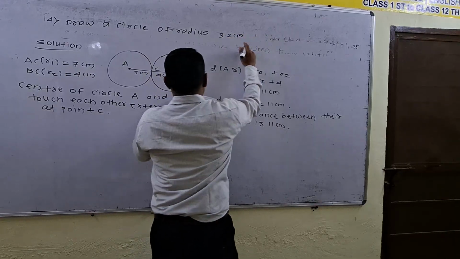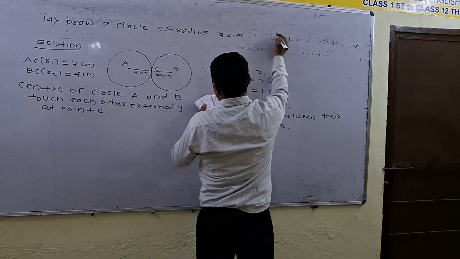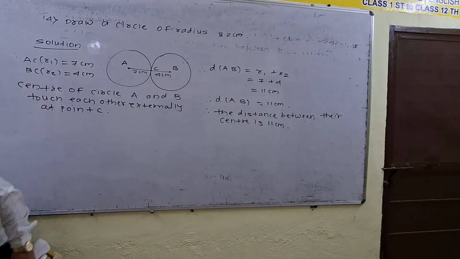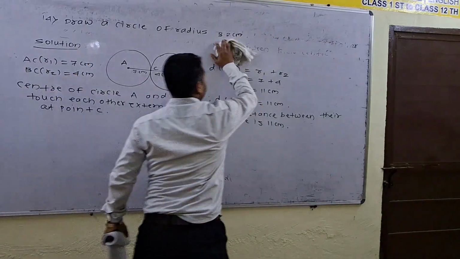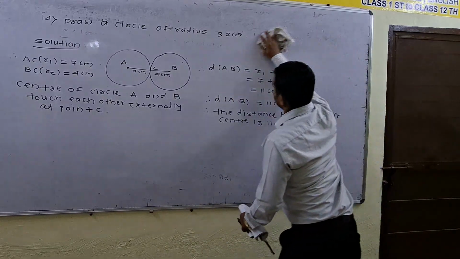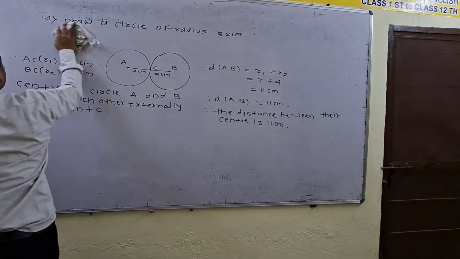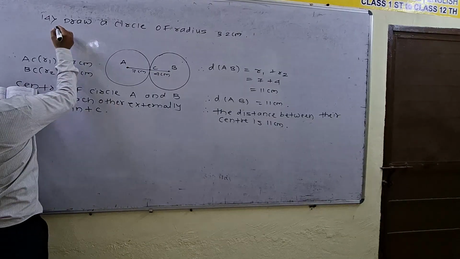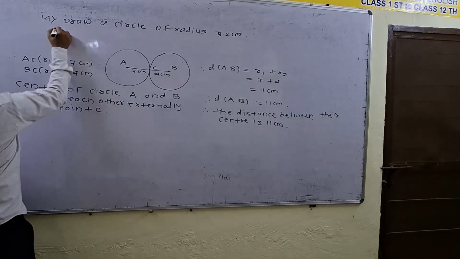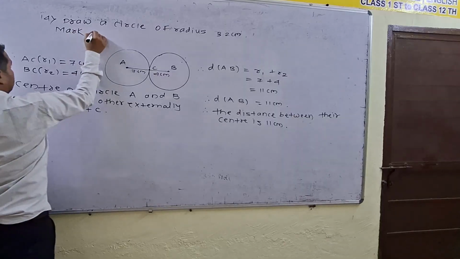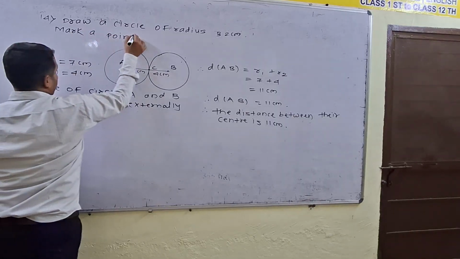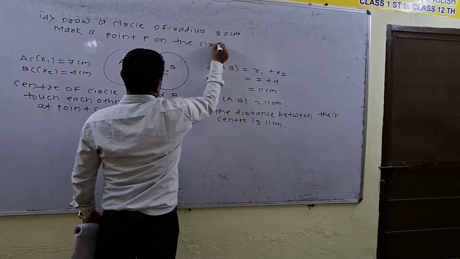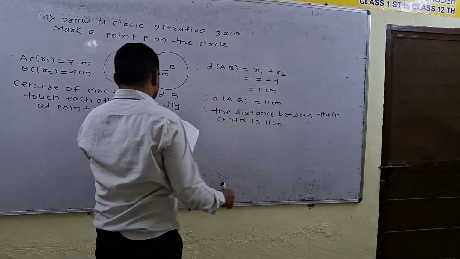So mark a point P. Draw a circle of center of radius 3.2 centimeter. Next one is, mark a point P on the circle.